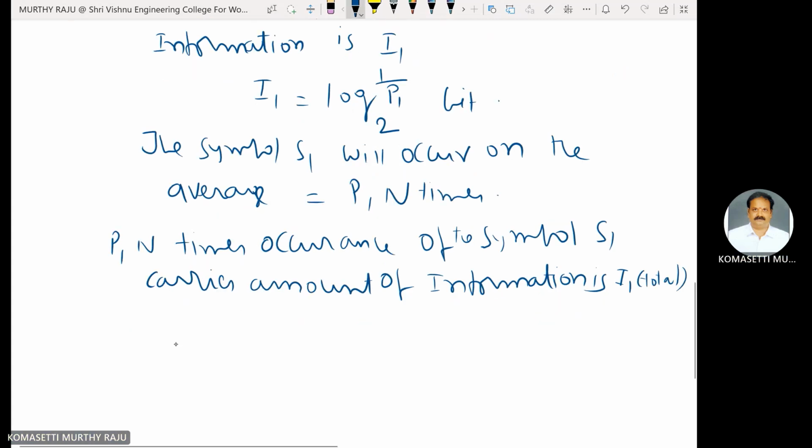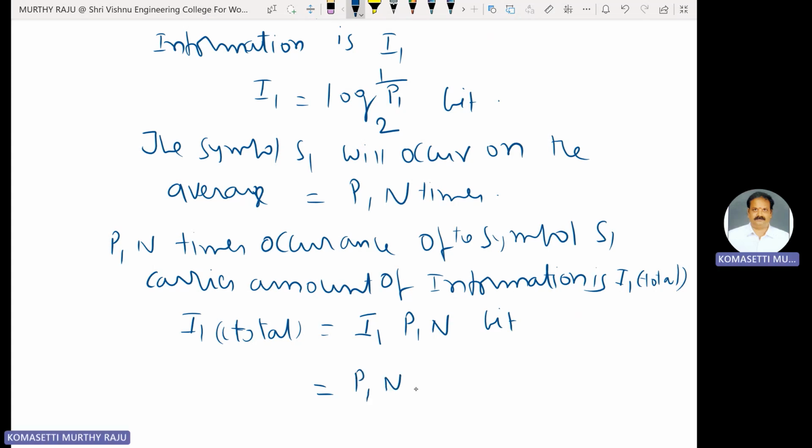Therefore, I1 total is equal to I1 into P1 into N bit. P1 into N, I1 is equal to log 1 by P1 base 2 bit.